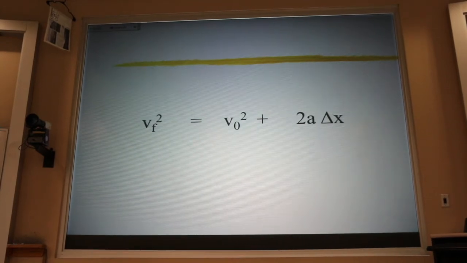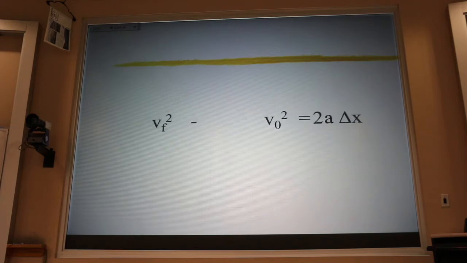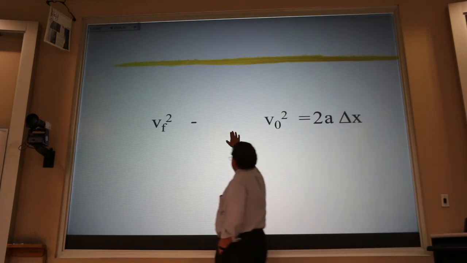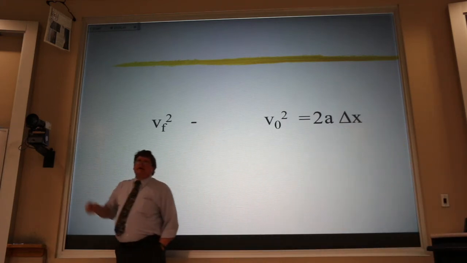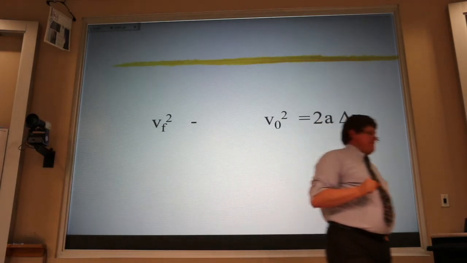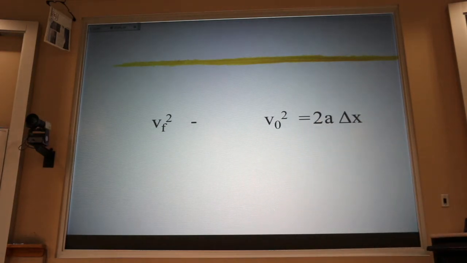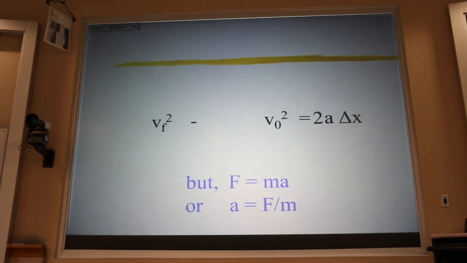The first thing I'm going to do is subtract off the v initial squared. And that'll get it out of the right-hand side and put it on the left-hand side of the equal sign. Now I've left some real estate here and some real estate there. I'm going to use that real estate. The next thing I do is I recognize that net force is what causes a mass to accelerate. And that means the acceleration is that net force divided by the mass.